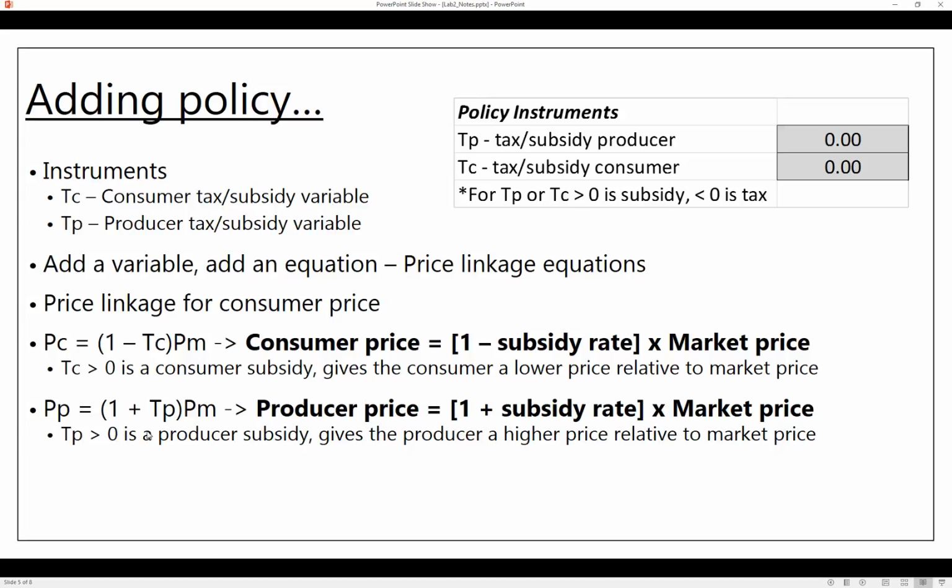It needs to be bigger than 0. So if we wanted a 5% subsidy to producer price, we would go 1 plus 0.05, which gives you 1.05 times the market price, saying the producer price is 5% larger than the market price. And that's how we're going to do those price linkage equations.